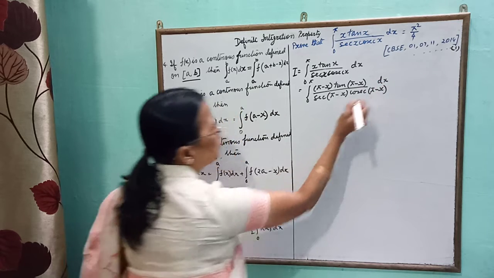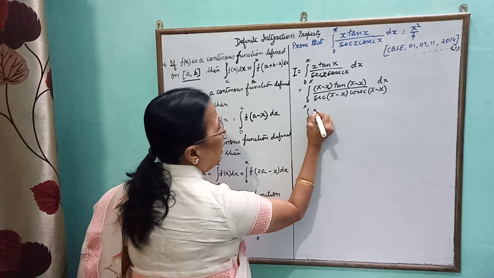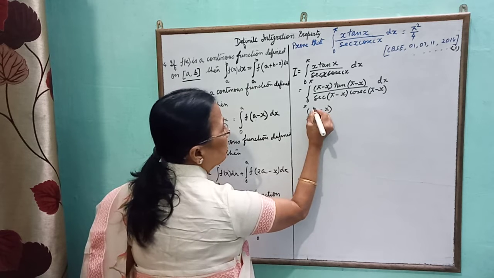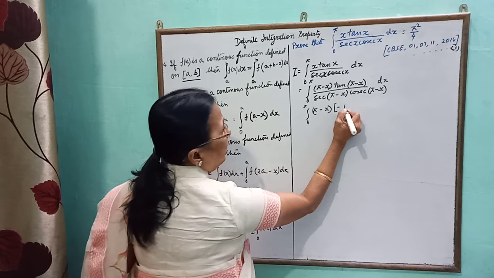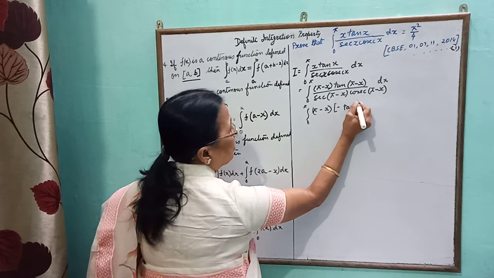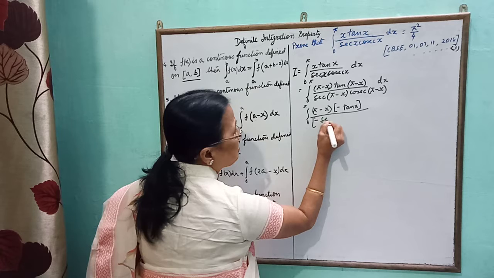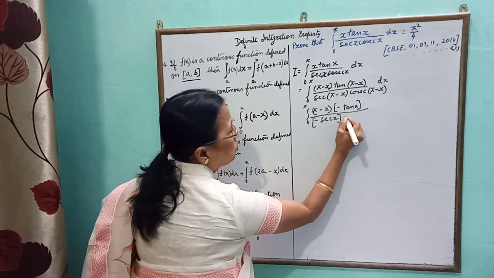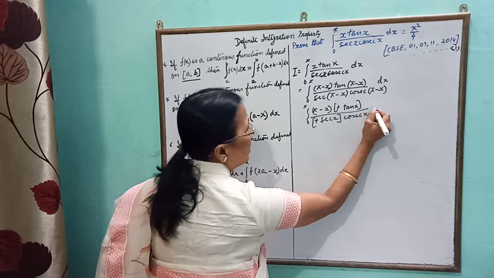So this is equal to integral 0 to pi of (pi minus x), then with negative sign minus tan x, and this is also minus sec x, and this is cosec x. So this minus and this minus cancel.